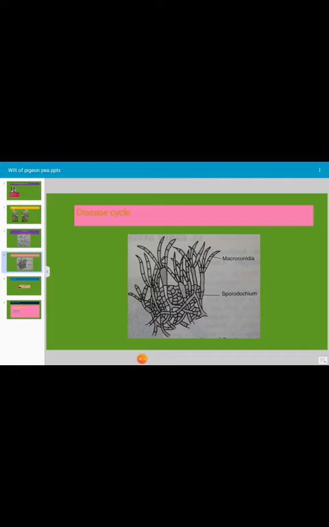The macroconidia are also produced at the top of the conidiophore. Conidiophores means conidia producing stalk-like structures. And at the top of the conidiophore, conidia are also produced.